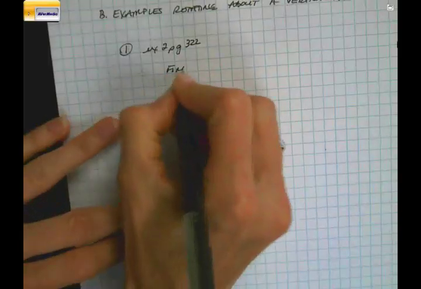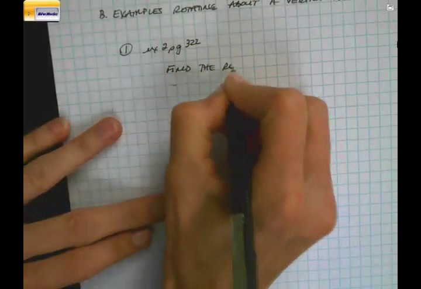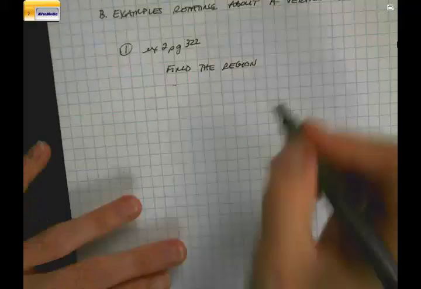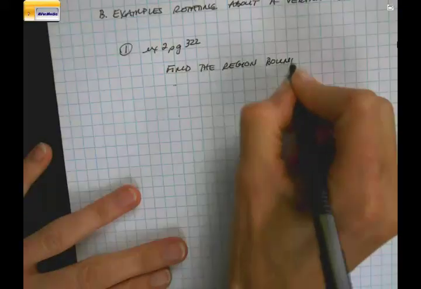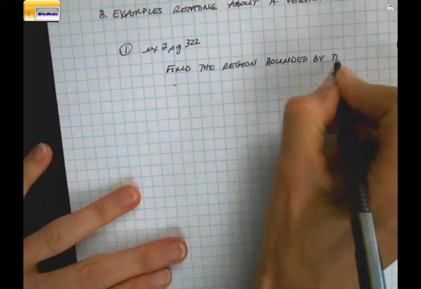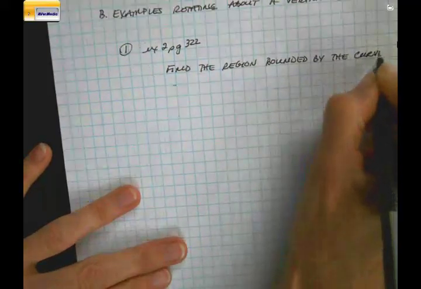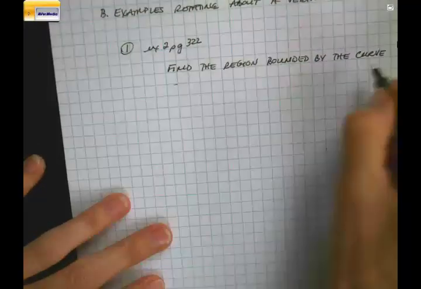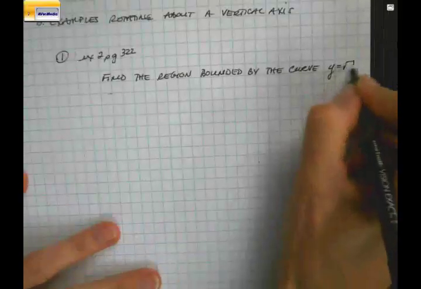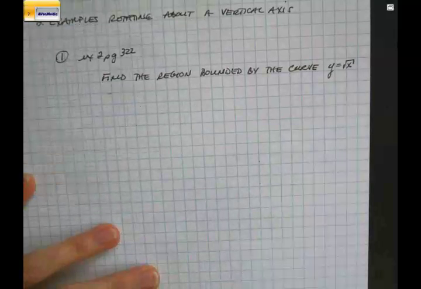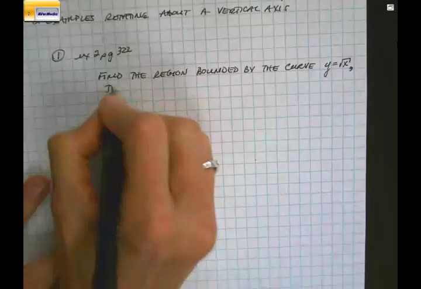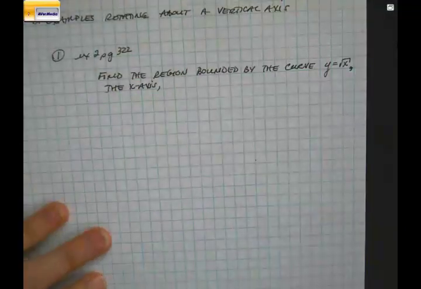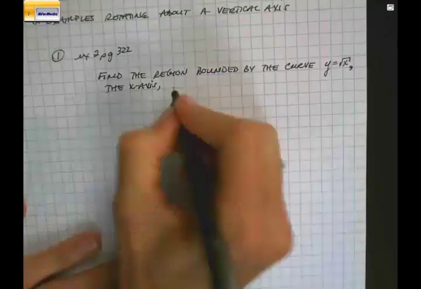Find the region bounded by the curve y equaling the square root of x, comma, the x-axis and the line x equaling 4.